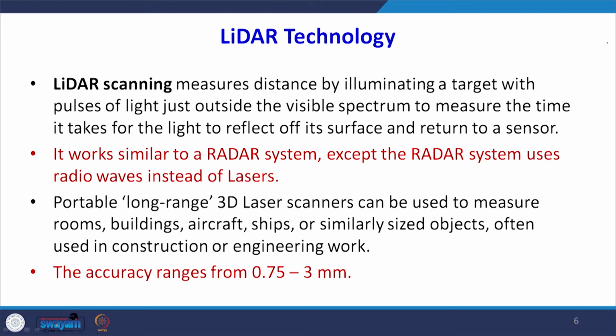The accuracy range could be from 0.75 to approximately 3 millimeter. So, very high accuracy data can be obtained with the help of these laser based devices when we are scanning the surface.